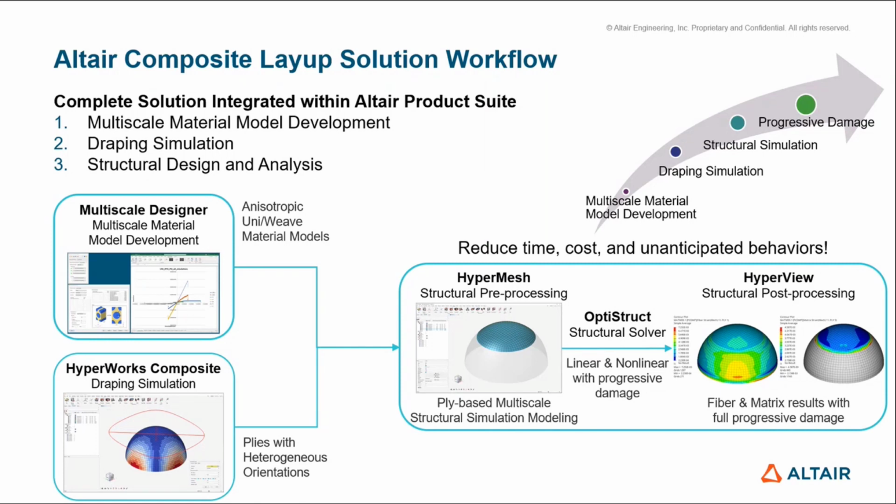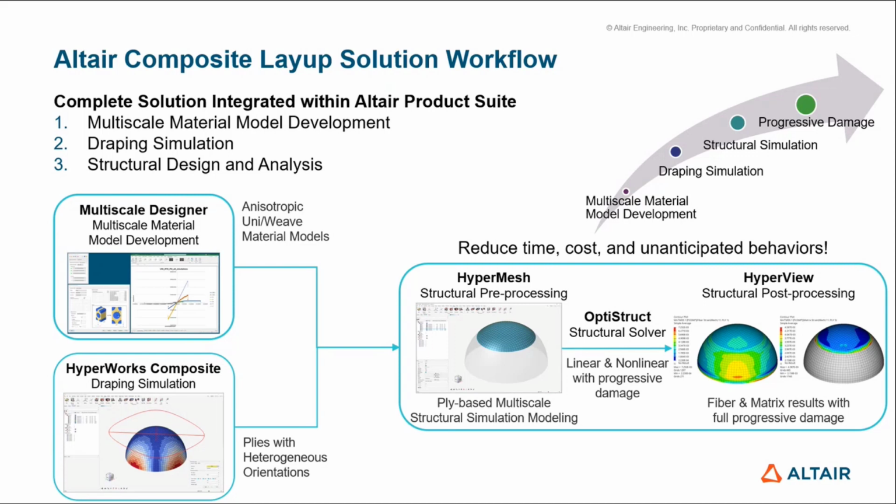For example, in Multiscale Designer, if you really want the depth and insight that Multiscale offers. And on the other hand, we have the ply-based modeling capabilities of HyperWorks, which enable you to very quickly create and also modify your models.